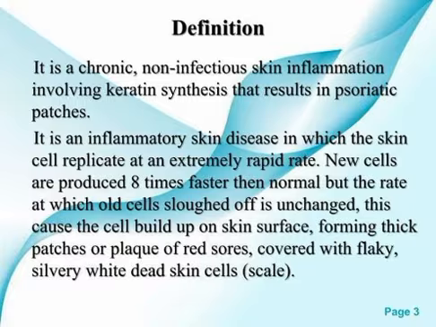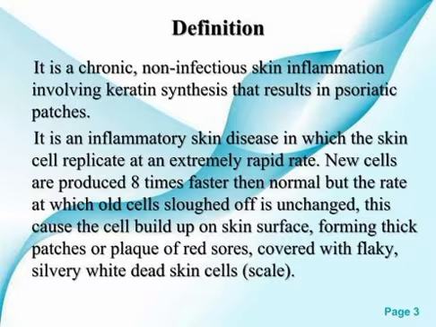Here, with the extremely rapid rate, the cells replicate and new cells are produced 8 times faster than normal, but the rate at which the old cells are sloughed off is unchanged.